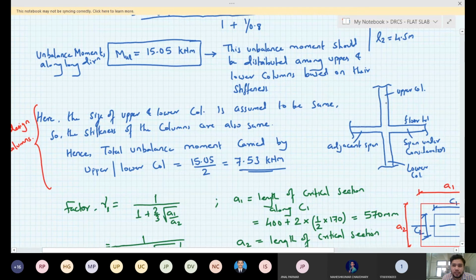So this is transfer based on the stiffnesses of the upper and the lower story columns. But here we assume that the upper story and the lower story are of same size and having same stiffnesses. So the additional unbalanced moment to be carried by the column is half of the total unbalanced moment. So when you design the column, you have to take into account this unbalanced moment in the column.